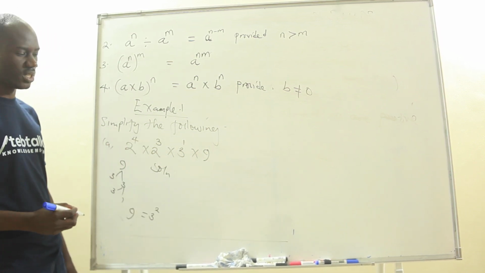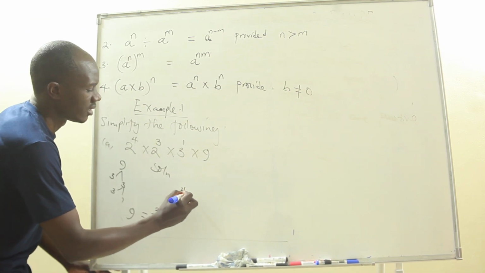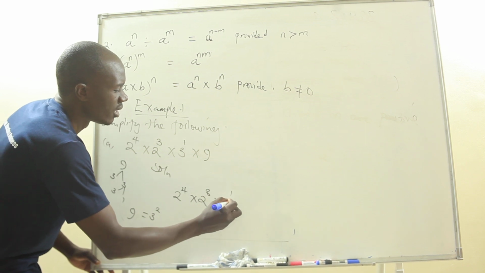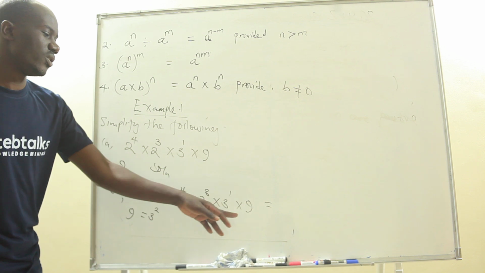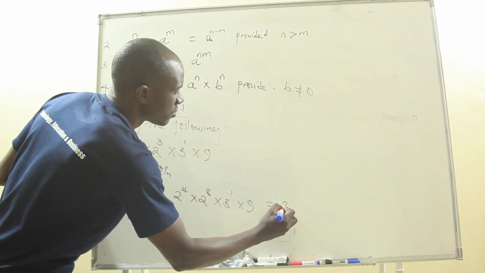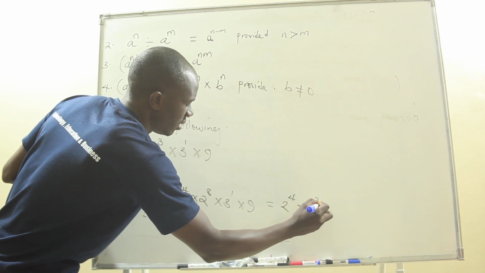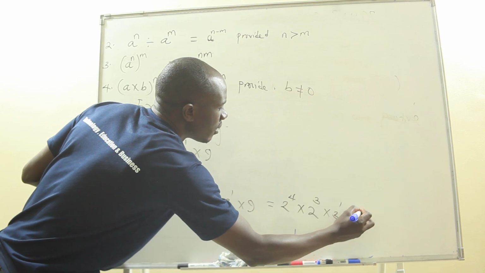So what I'm going to do with this number now? We are going to say 2 power 4 times 2 power 3 times 3 power 1 times 9 is the same as, where you see 9, we bring this term: 2 power 4 times 2 power 3 times 3 power 1 times 3 power 2.